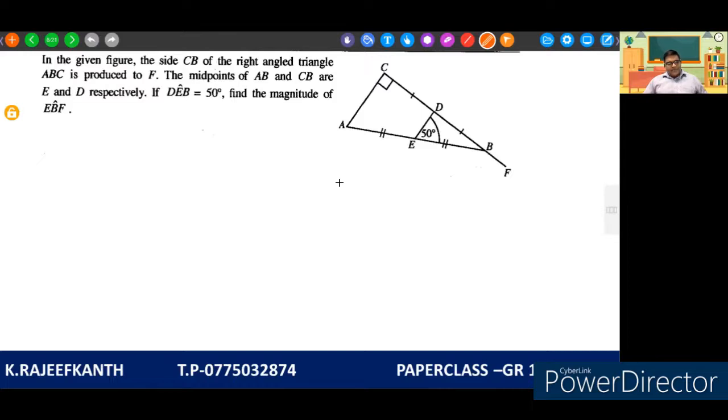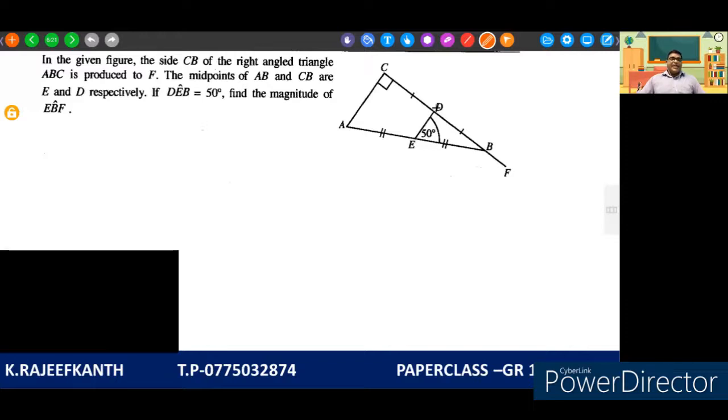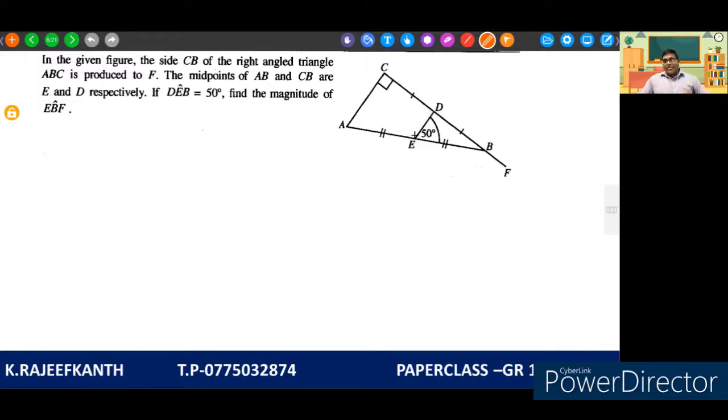If they give the midpoints of 2 sides in the triangle, then you know there is a theorem. The last class also we discussed that theorem, the midpoint theorem. So I think you can apply that midpoint theorem in this question because they have given the 2 midpoints of 2 sides of the triangle.